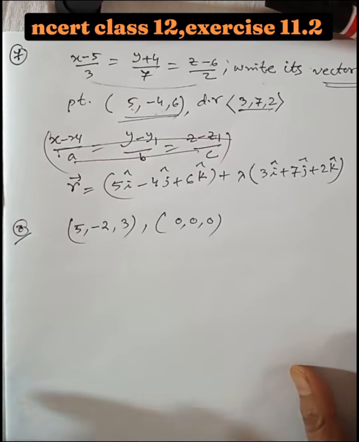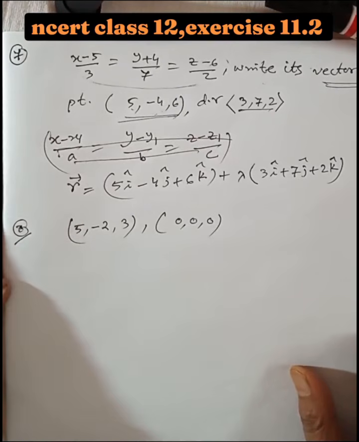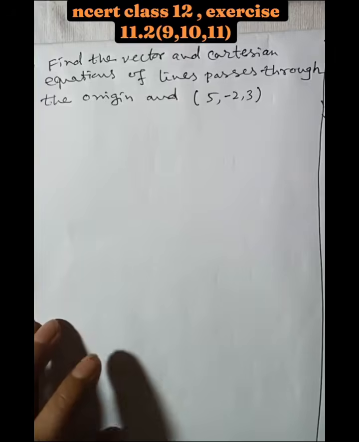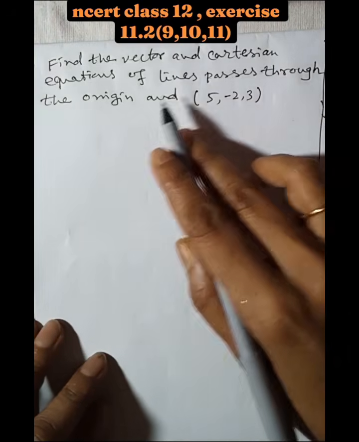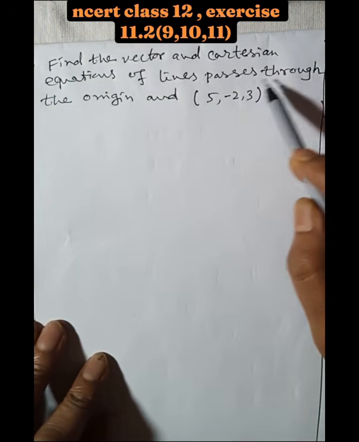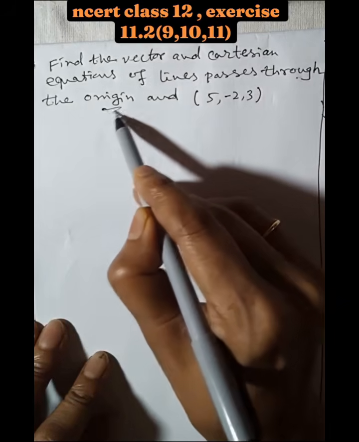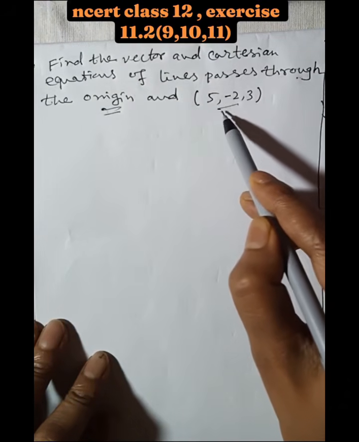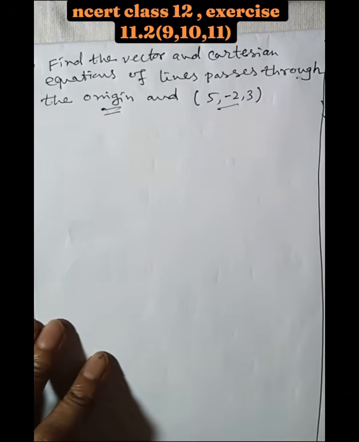Now I will solve question number 8. Find the vector and Cartesian equations of the line that passes through the origin and (5, -2, 3).